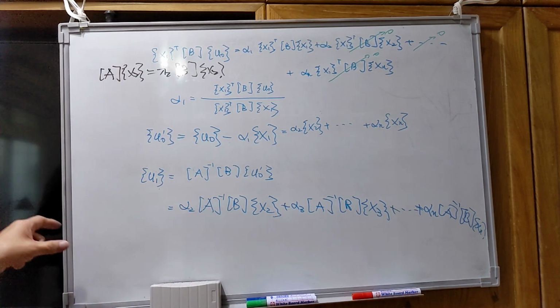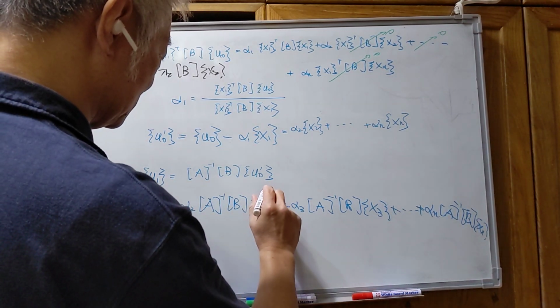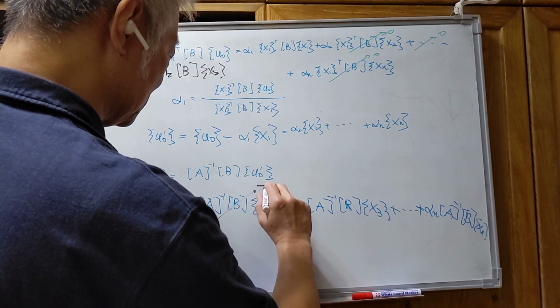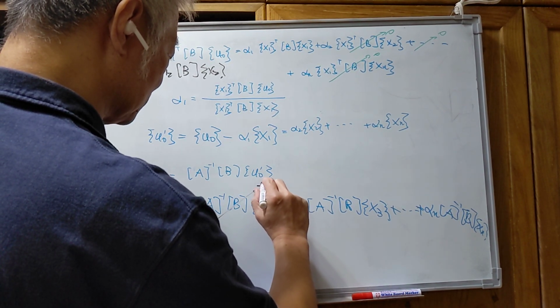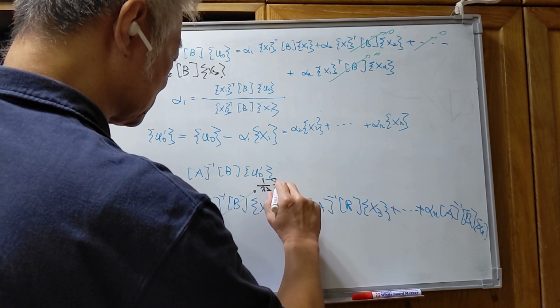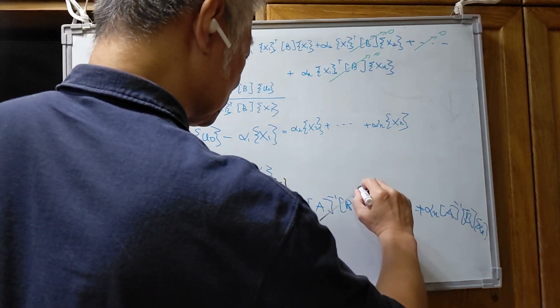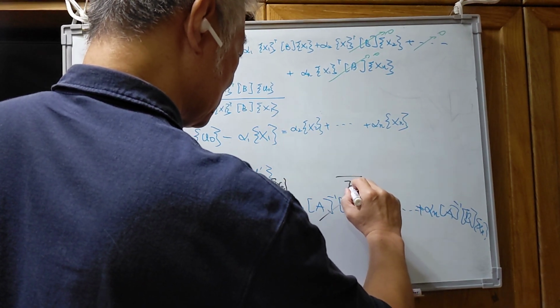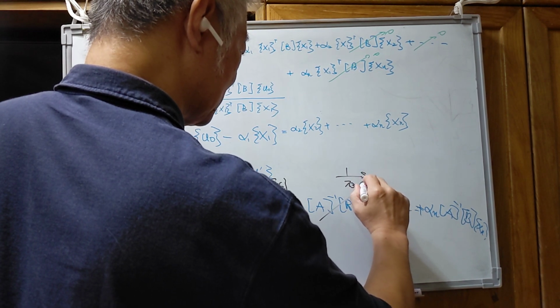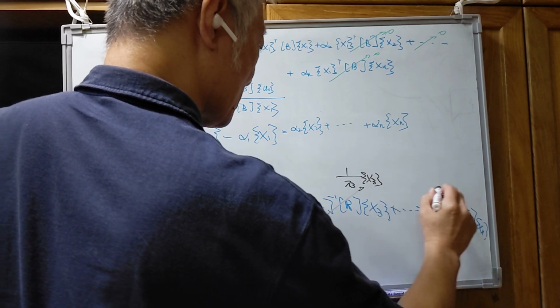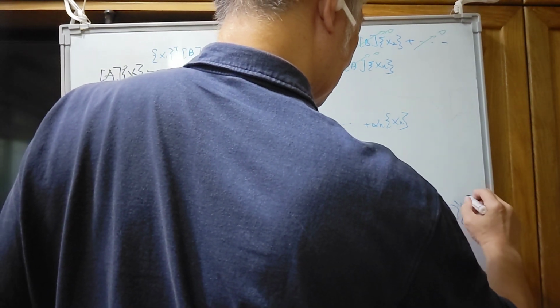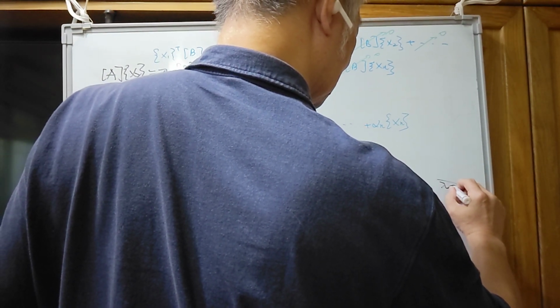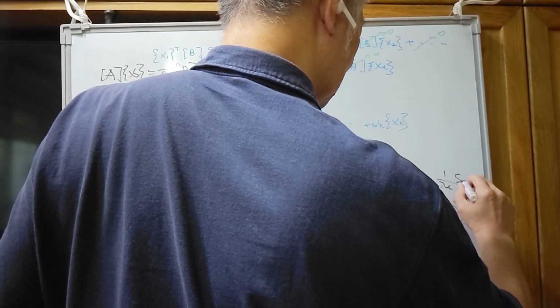So A inverse B x2 will be lambda 2 x2. And this one will be lambda 3 x3. And the next one, lambda n xn.